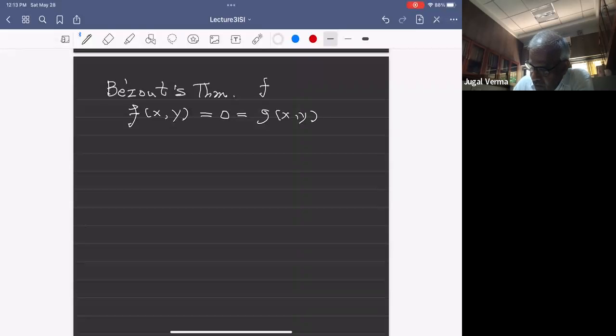Okay. So F and G are polynomials with complex coefficients in two variables only. And I have two equations in two variables.